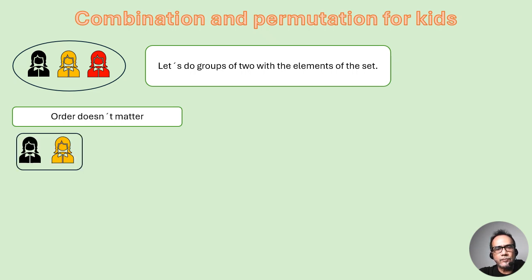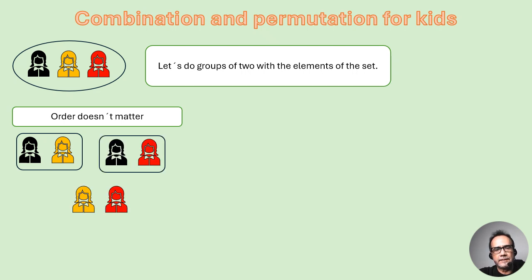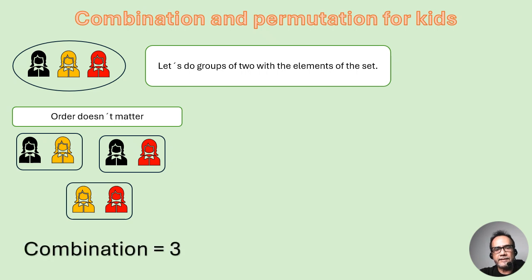The black and the yellow, the black and the red, and the yellow and the red. These 3 groups have to do with the combination when the order doesn't matter. So the combination in this case is equal to 3.